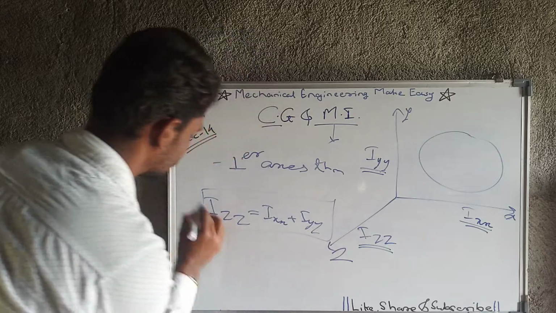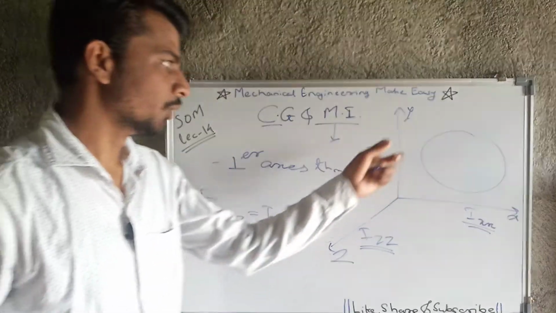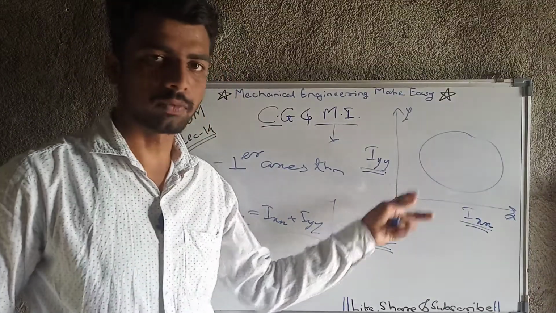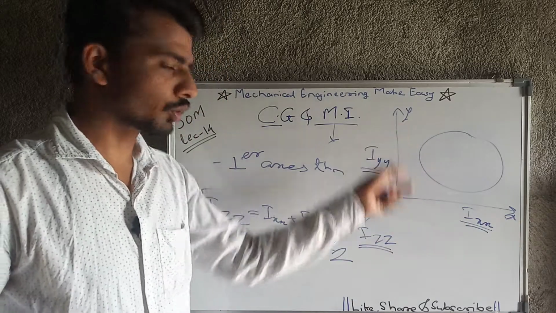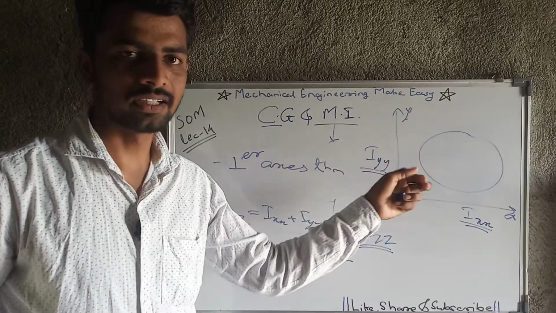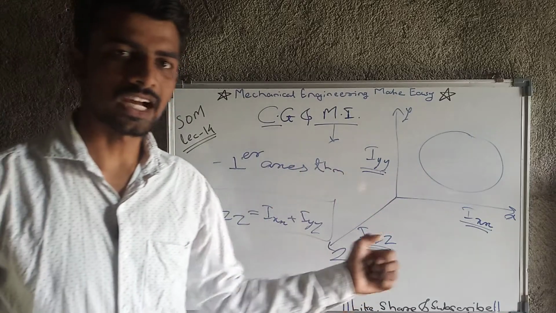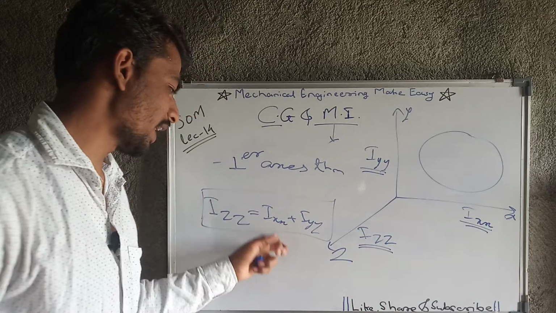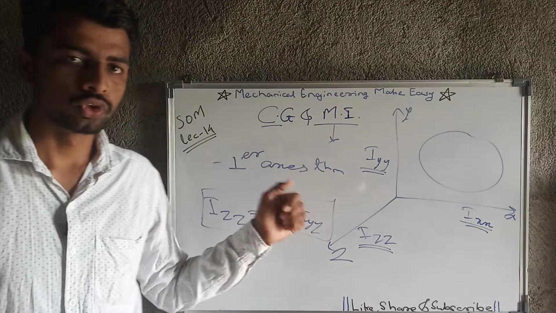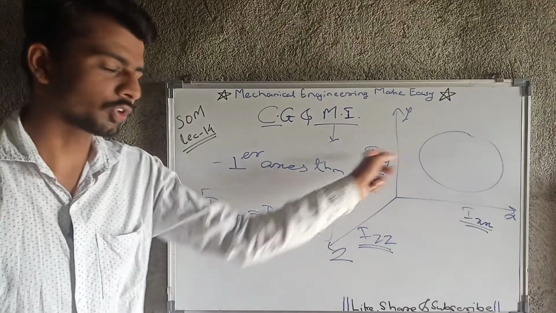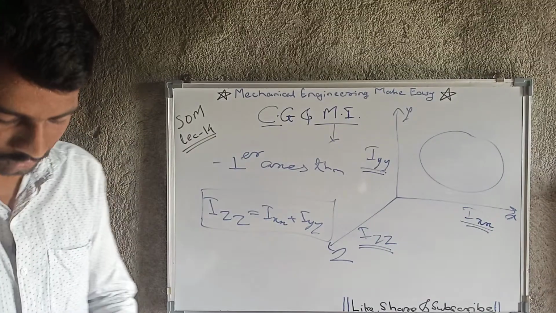This is the perpendicular axis theorem. We know Ixx and Iyy, and the axis which is perpendicular to the xy plane, the moment of inertia about that axis will be equal to Ixx plus Iyy. Note down this formula, and if possible draw this figure also.